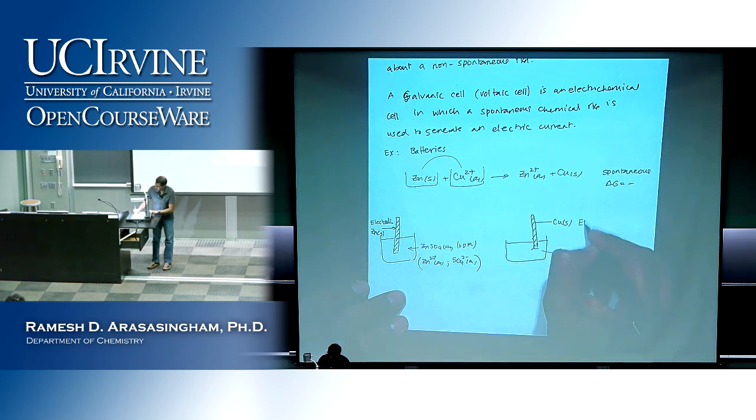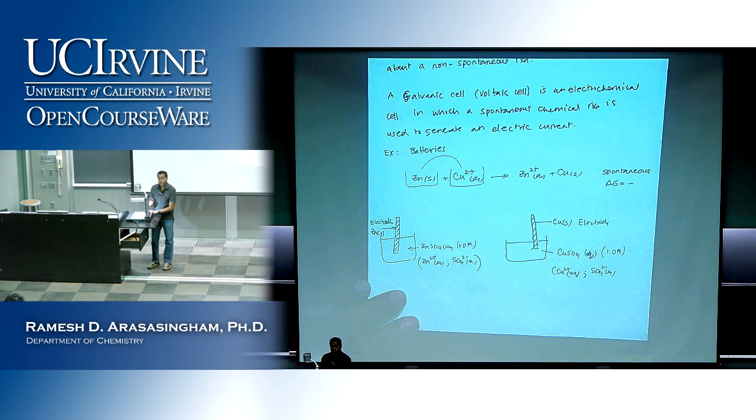So this is the copper electrode. And we have copper sulfate aqueous, and this will be 1 molar typically. And this dissociates to give you copper 2+ aqueous and sulfate because it's a soluble salt.